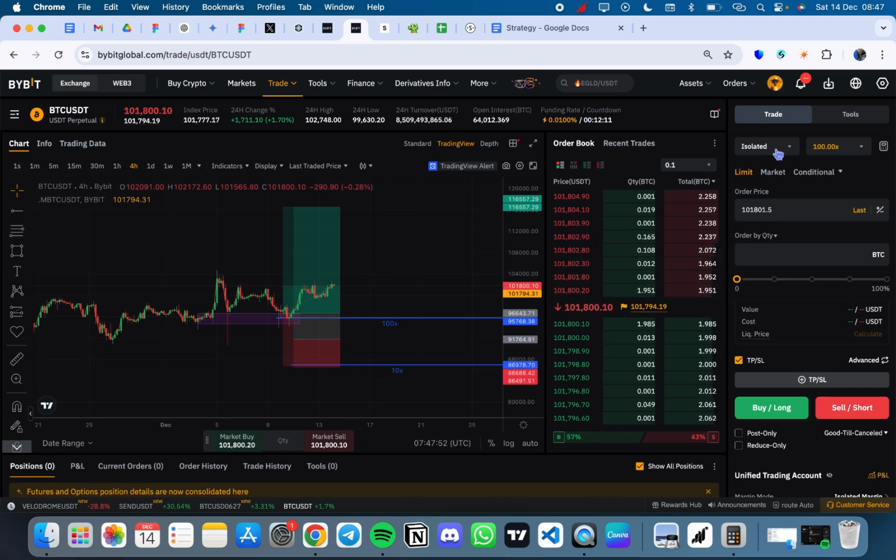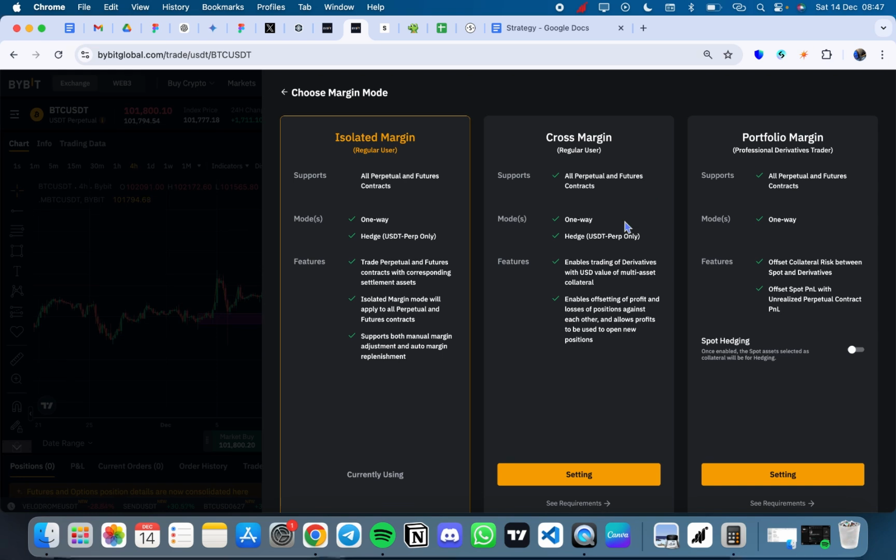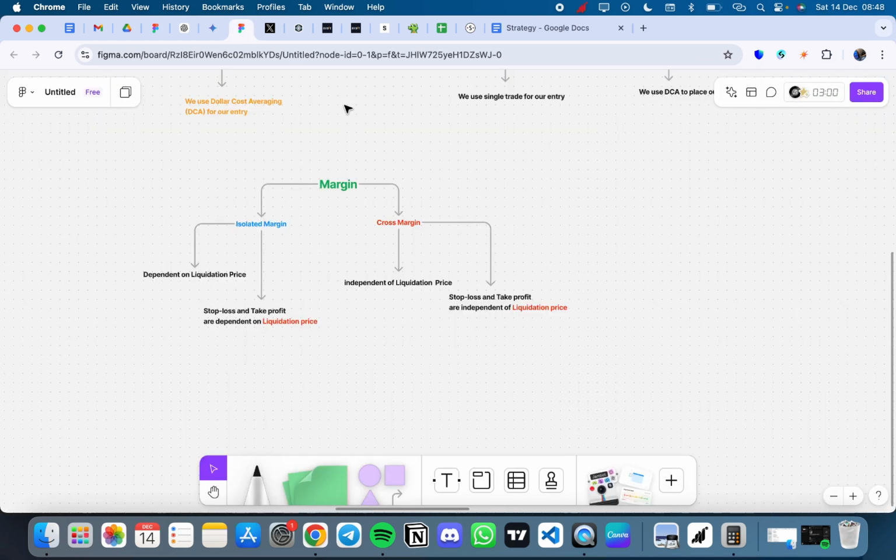But what about when we change over to cross margin, right? So let's see what happens when we're using cross margin. When we're using cross margin, the difference, if you recall, let's just go back on here and refresh our memory.